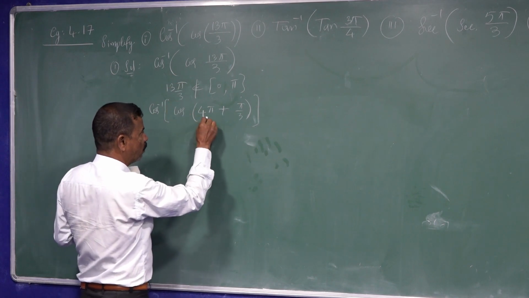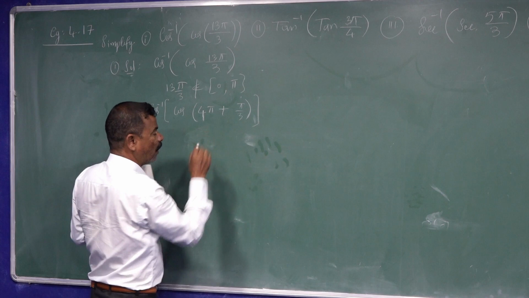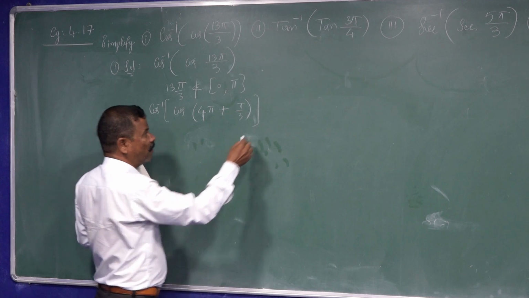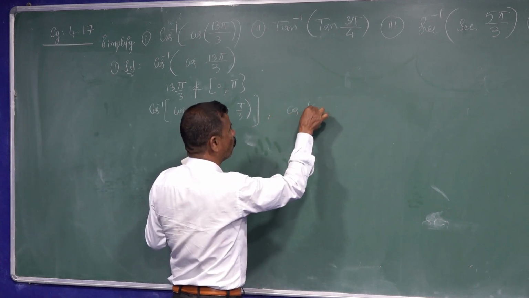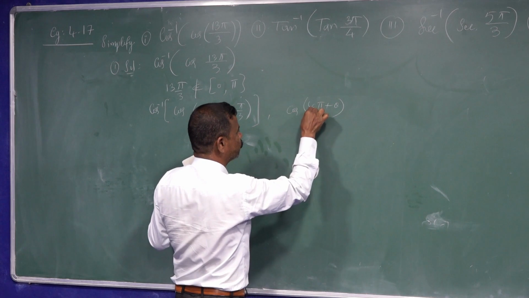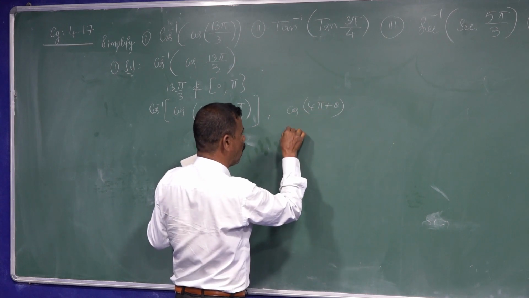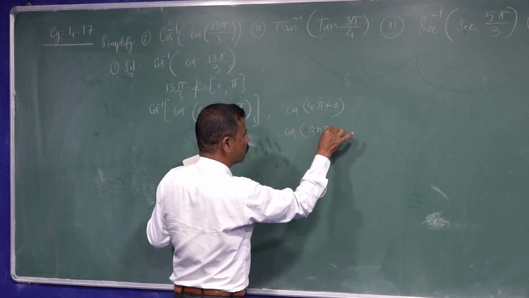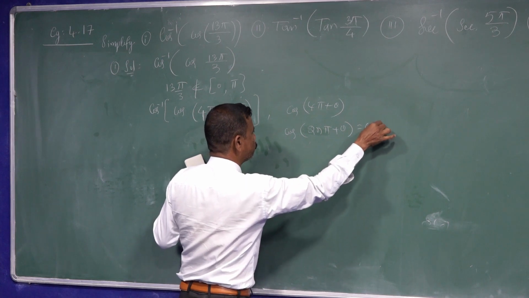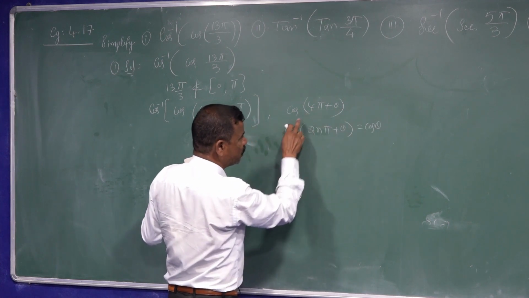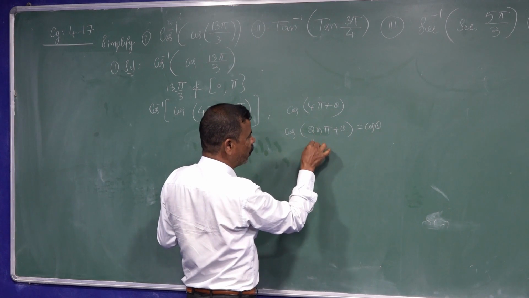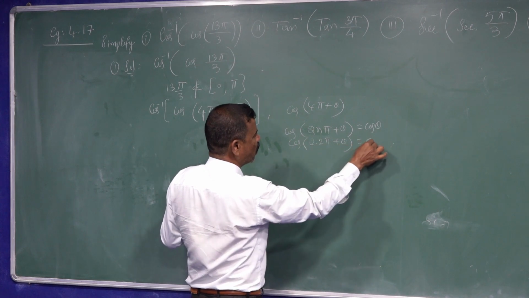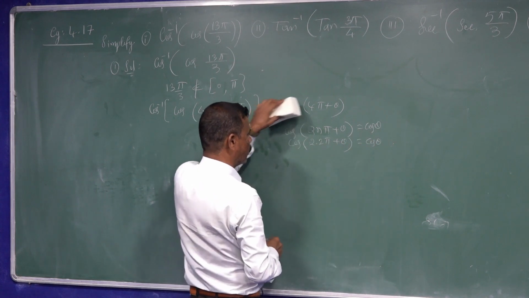Now from here, cos of 4π plus π/3, 4π plus theta. What value? Cos of 4π plus theta. So according to the formula, cos of 2nπ plus theta is equal to cos theta, coming.